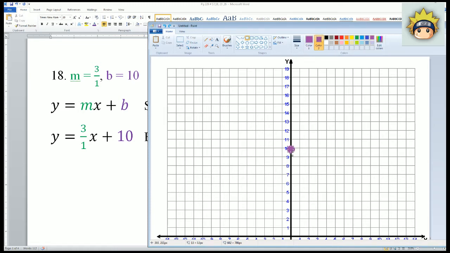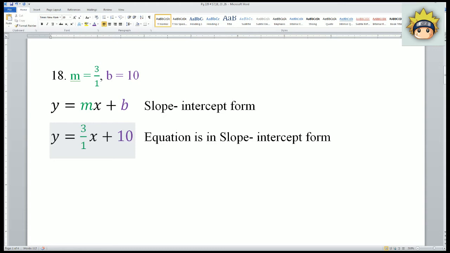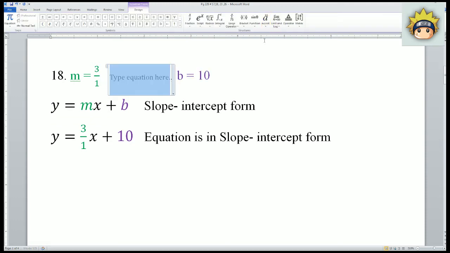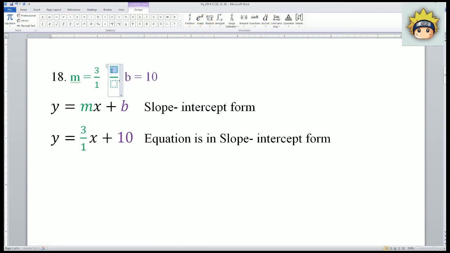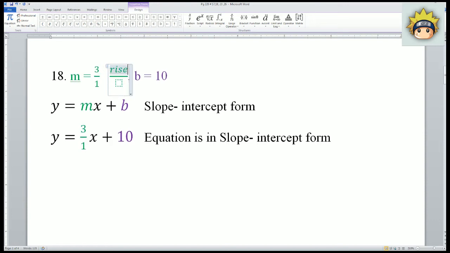Based on the slope, it says go up 3, across 1. That's what 3 over 1 is. Many of you see it in this format, which is okay. To help you visualize it, you can think of it as rise over run.